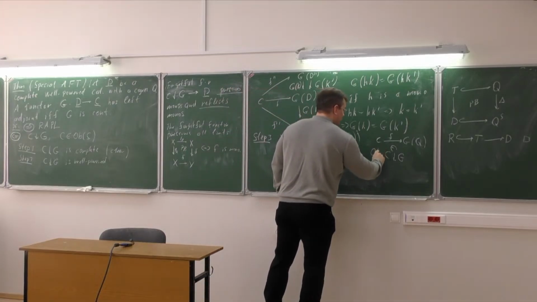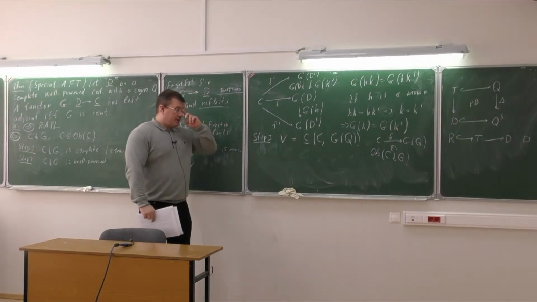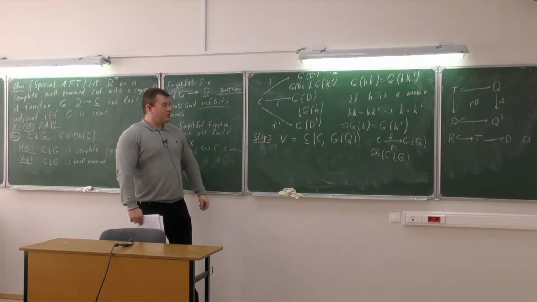So when I consider this set V, I actually consider it as a set of objects in the comma category.